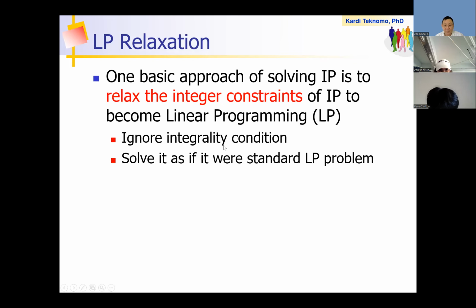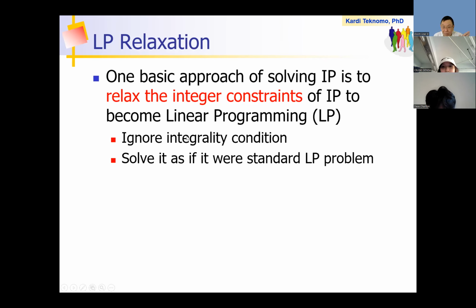So let's learn what is called LP relaxation, linear programming relaxation. One basic approach of solving integer programming is to relax the integer constraint. If you relax the integer constraint of the integer programming, it becomes just normal linear programming. How?